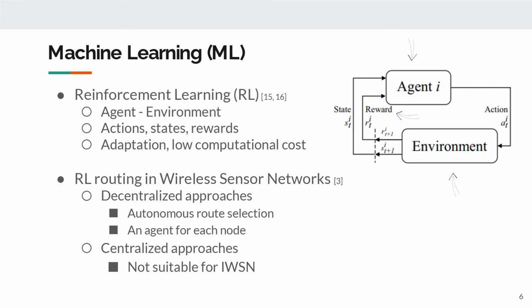The agent explores the environment and learns how to behave to maximize its rewards. Reinforcement learning has been used in wireless sensor networks. Decentralized approaches allow nodes to select routes independently. However, this is not possible in IWSNs, since the network manager is the only device responsible for choosing the routes. The existing centralized approaches are not suitable too.